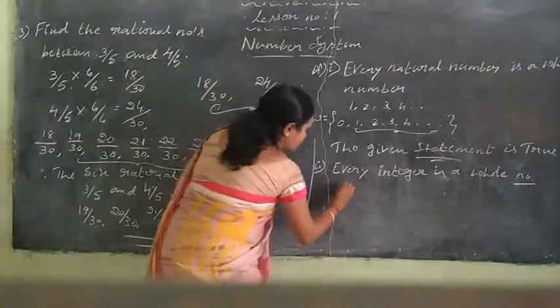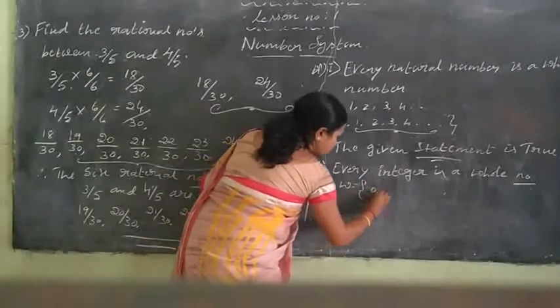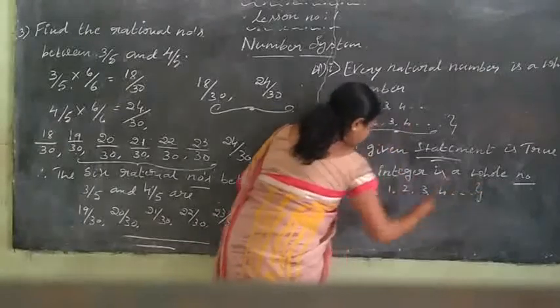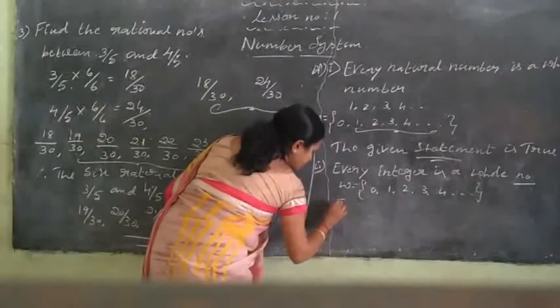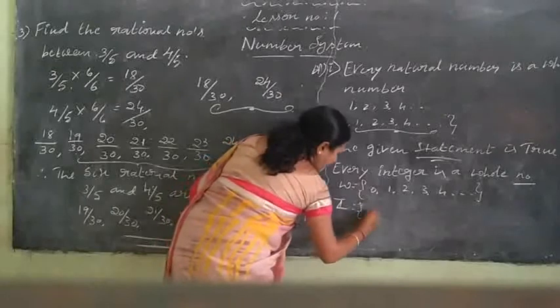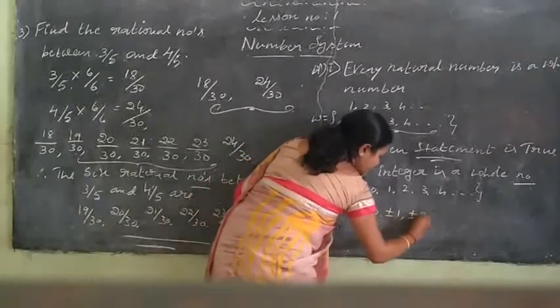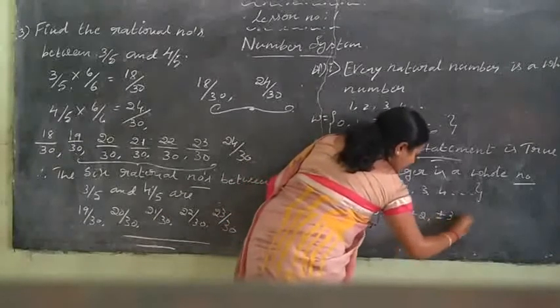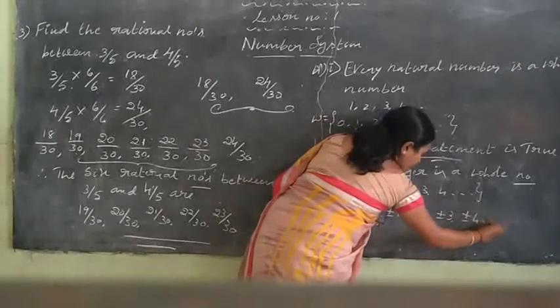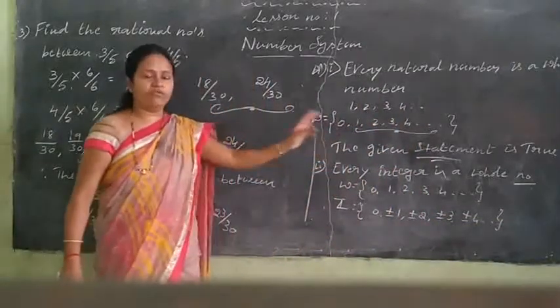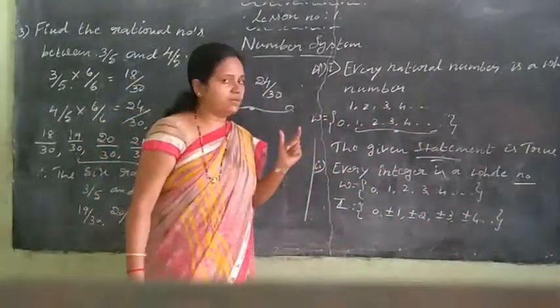Okay, whole numbers means, children, 0, 1, 2, 3, 4, dot dot dot, isn't it? Integers means 0, plus or minus 1, plus or minus 2, plus or minus 3, plus or minus 4. So whole numbers start from 0, 1, 2, 3, 4. Just see the whole numbers set, children.